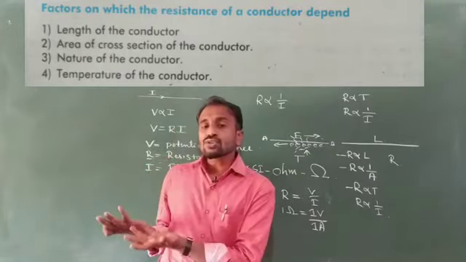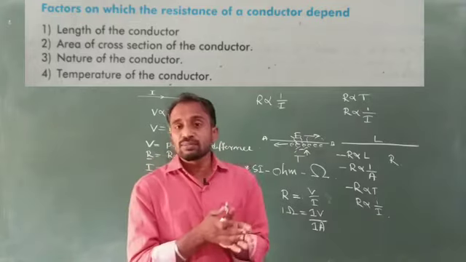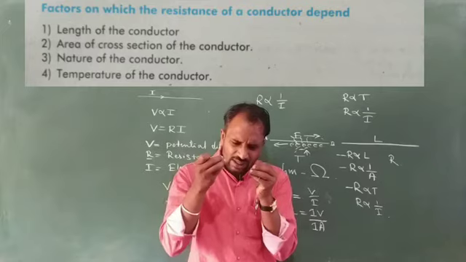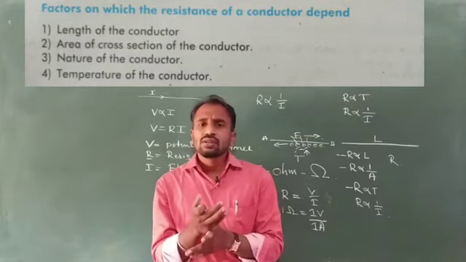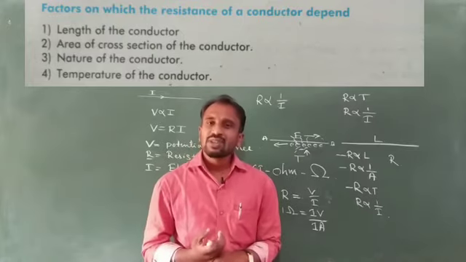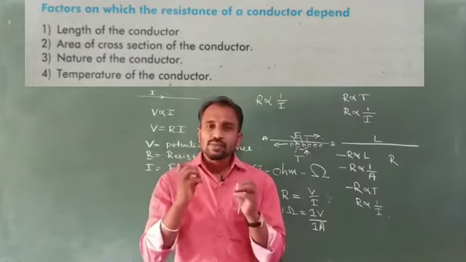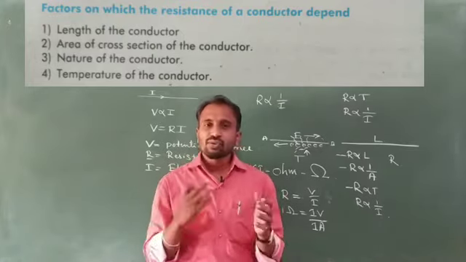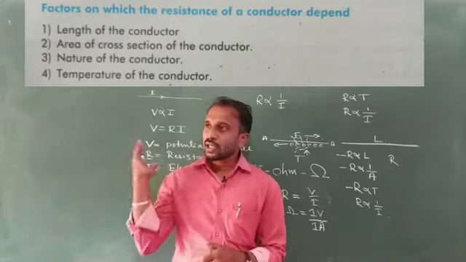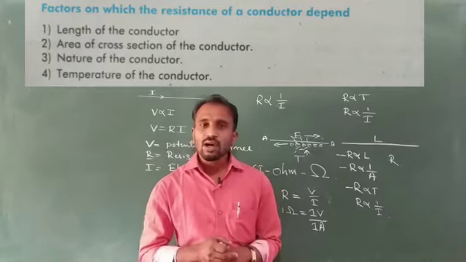Compared to these two metals, gold has the maximum conductivity, meaning a very low resistance value, but it is expensive and heavy. So for this reason we don't use gold. Most of the time in connections we use copper and aluminium.